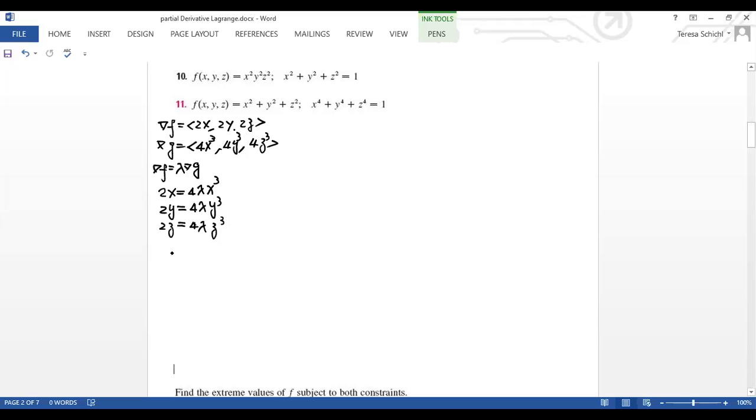Right now, I'm going to solve the system. First, remember, we want to solve for lambda. If I can find the lambda, then I can substitute the lambda, and then we can find my values here. Okay, so let's take a look at situation number 1.